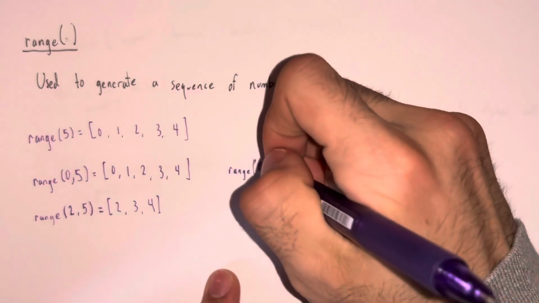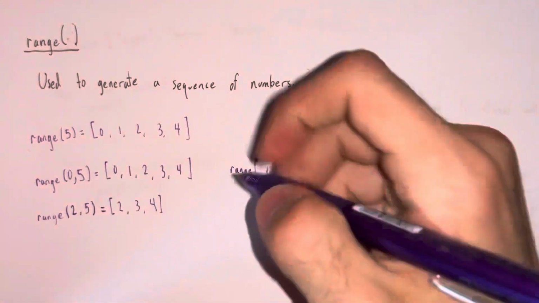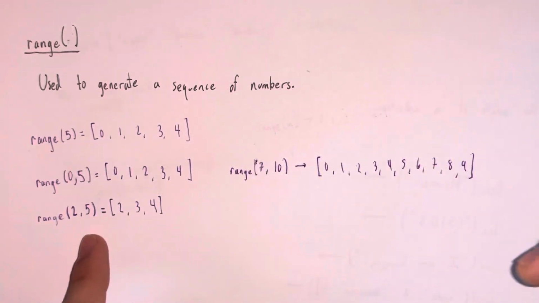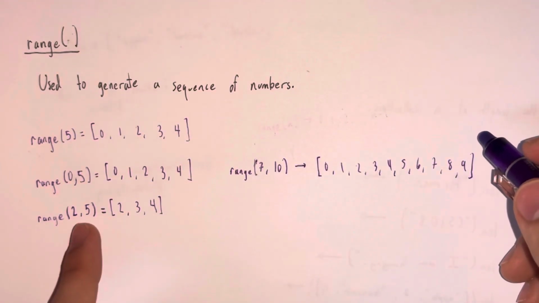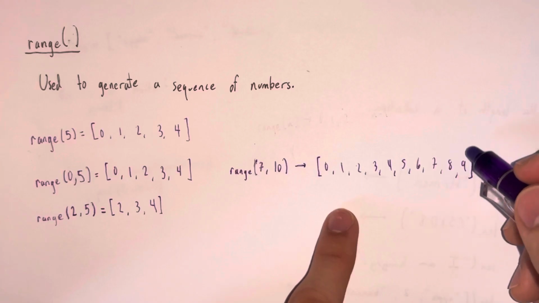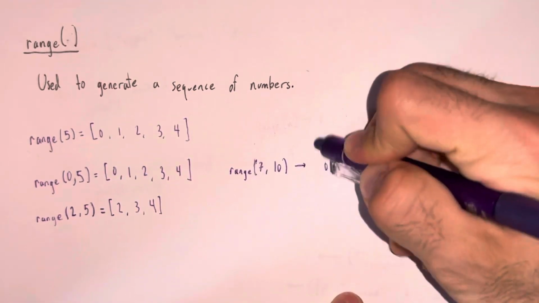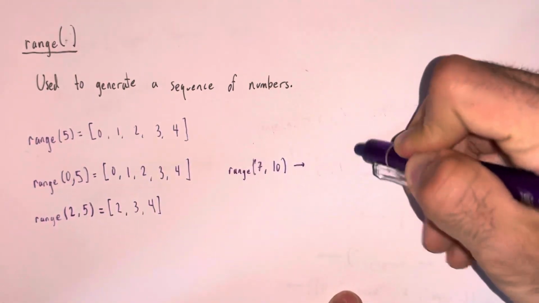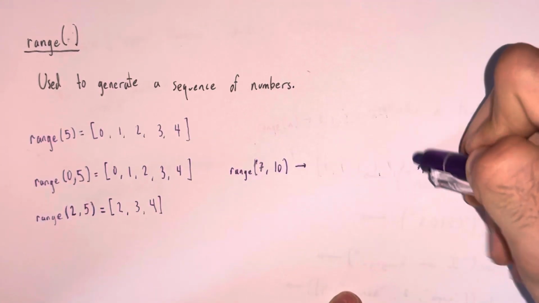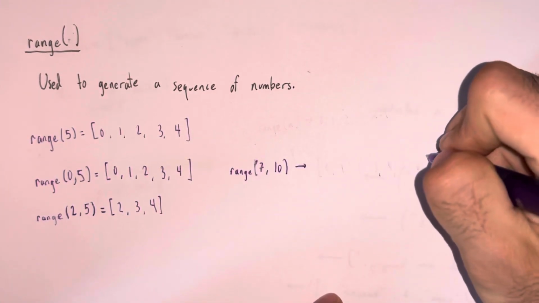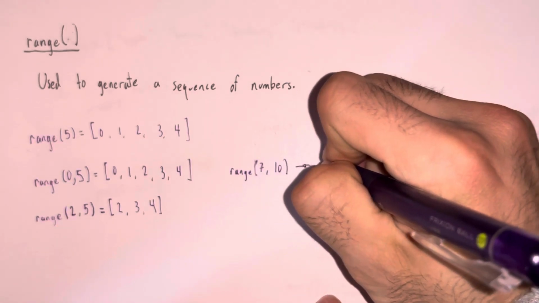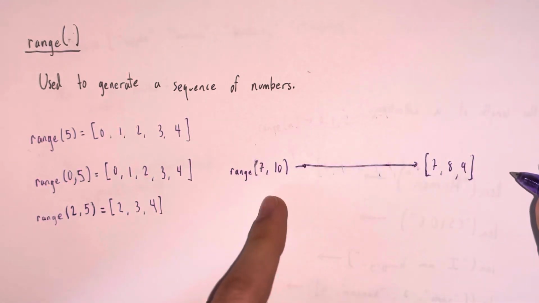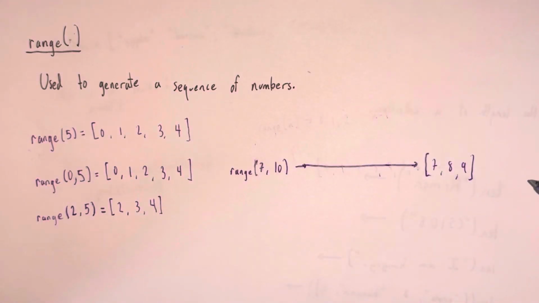How about range 7, 10? I guess that would be similar to what's happening down here. That would have you starting at 7 and ending at 9.